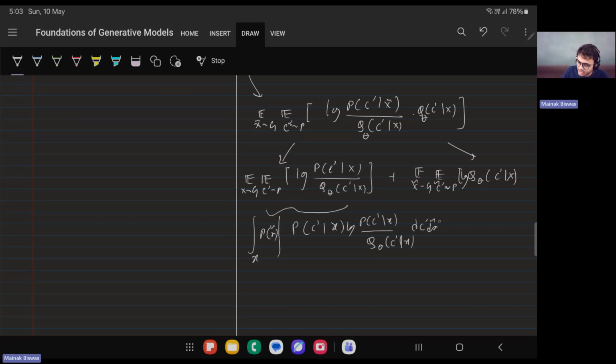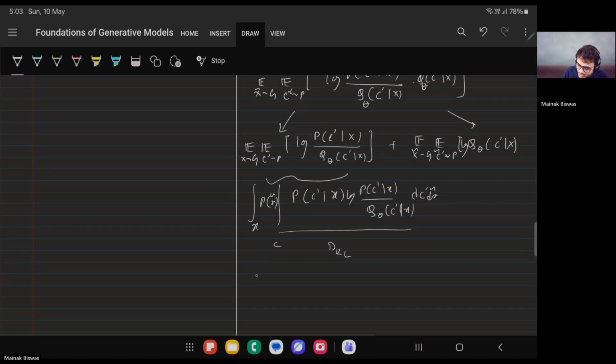So this is the KL divergence between P(C dash given x tilde) and the prediction Q theta(C dash given x tilde), whatever you want to put here.